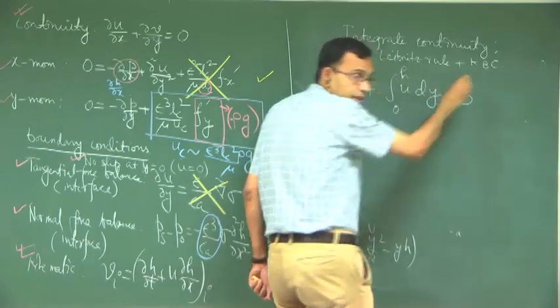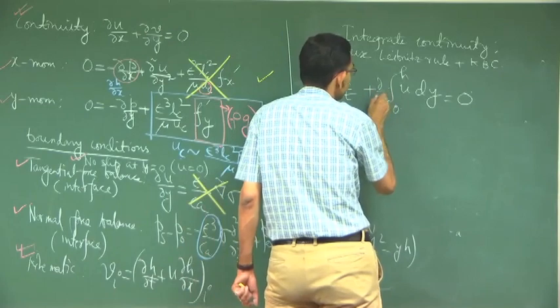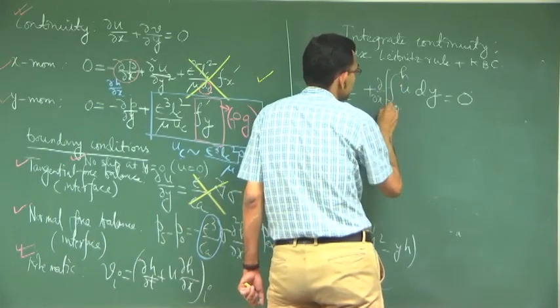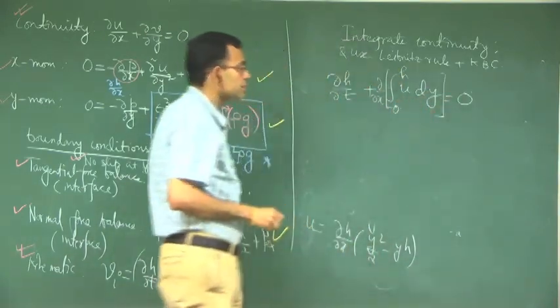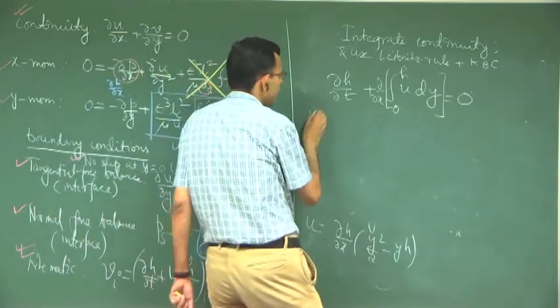Just check once whether del del x of x, right. This we derived in the previous lecture. So, del h del t.